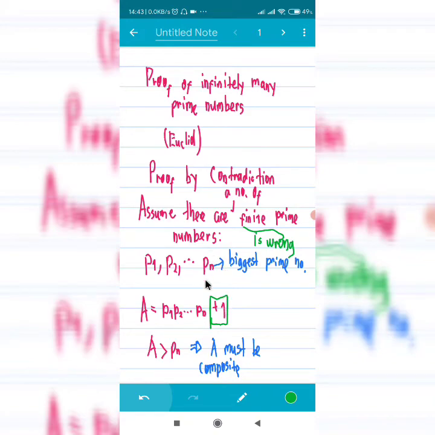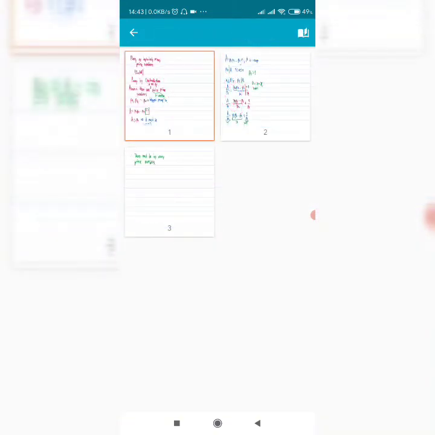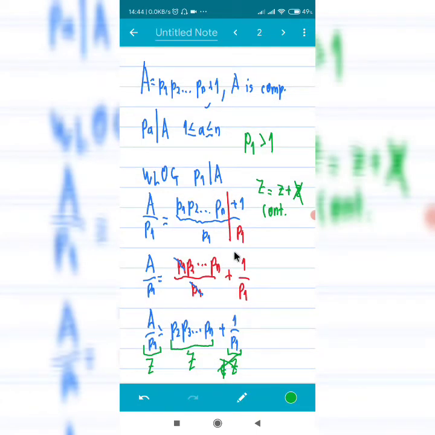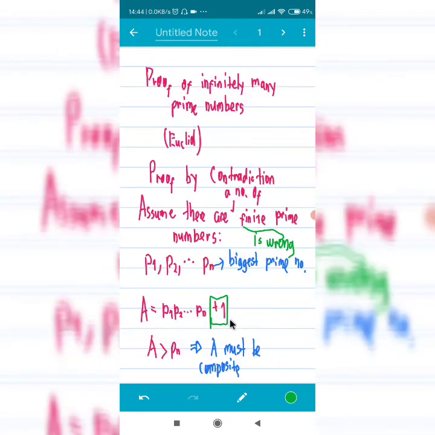We have plus 1, but if you had plus 2, then 2 is a prime. If we assumed that P1 is 2, this would be a conditionally correct statement. So we weren't able to prove it without the plus 1. This plus 1 is very special.